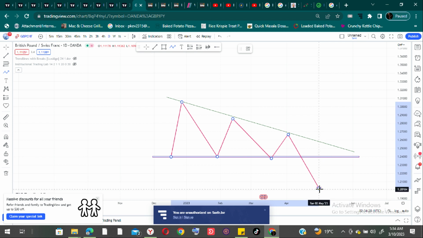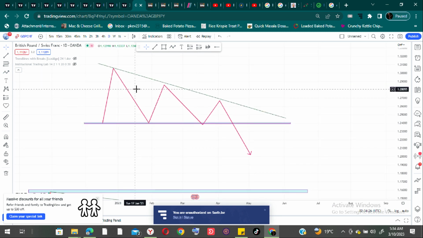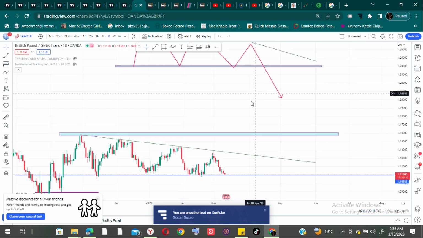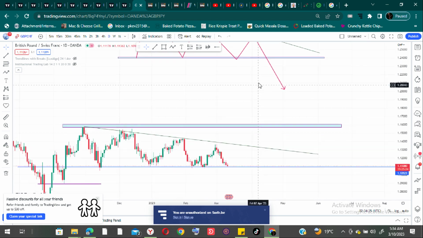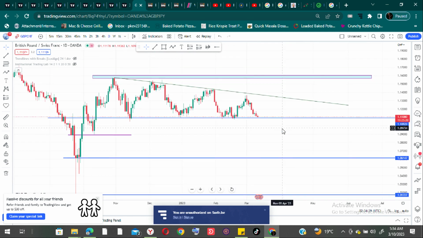It's not necessarily going to happen right now, but the chances of it breaking down to test this level, remember this level was only tested once, before actually proceeding to the top.